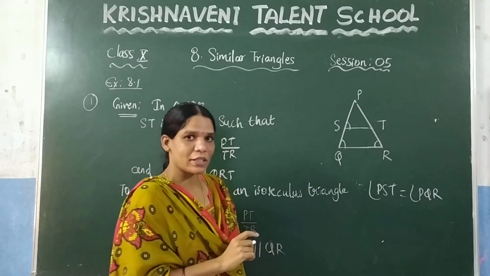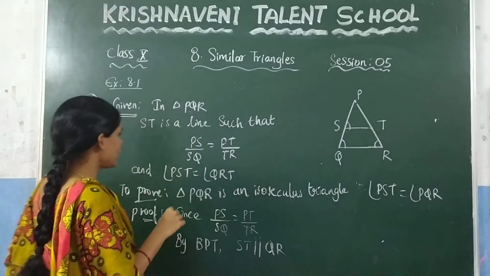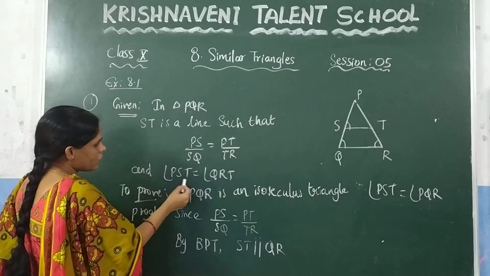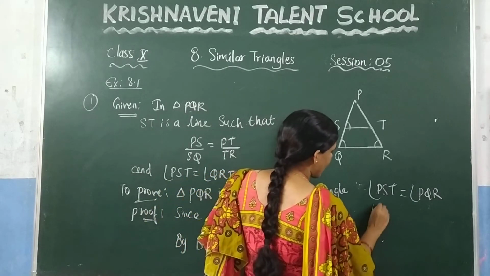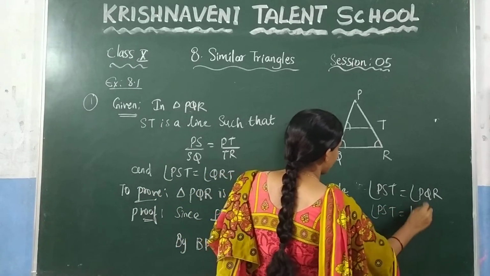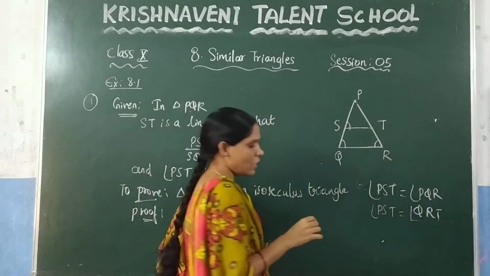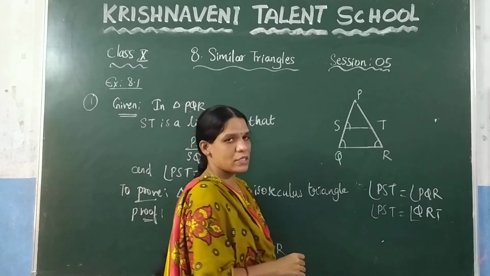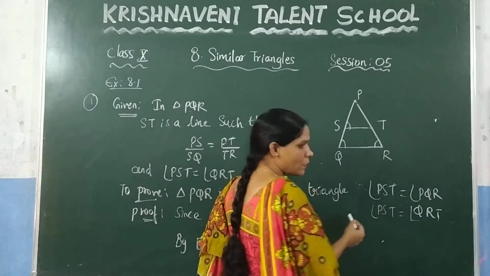But in the question, they said these two angles are equal. In the question itself, they have given angle PST is equal to angle QRT. Here you can observe that in both of these equations the LHS parts are the same. Angle PST is here, and here also angle PST is there.